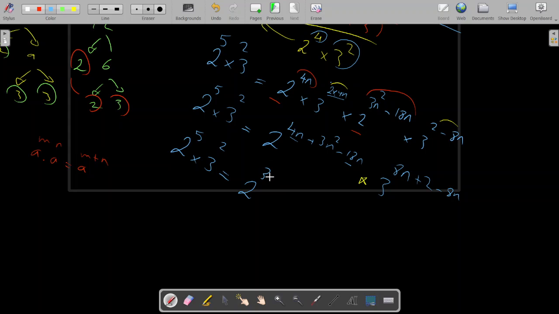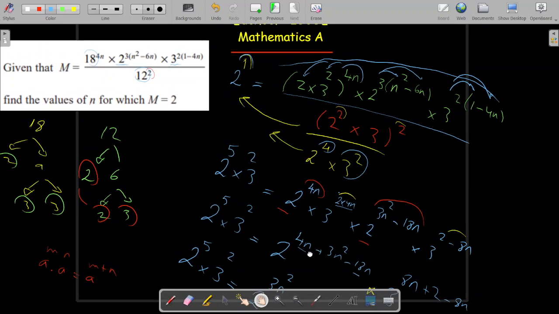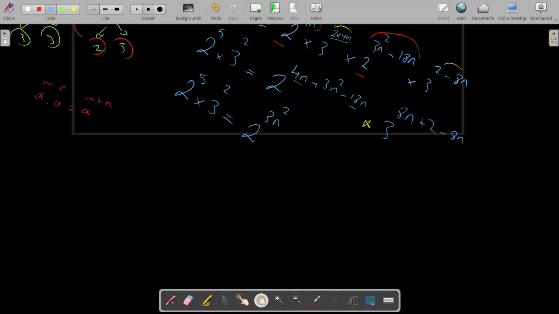Of course, I'm going to bring the square here, 3n squared minus 14n, because minus 18 plus 4 is going to be minus 14. Multiplied in what? Multiplied in 3 to the power of what? We know that the 8n can go with the minus 8n, so we have a 3 to the power of 2.